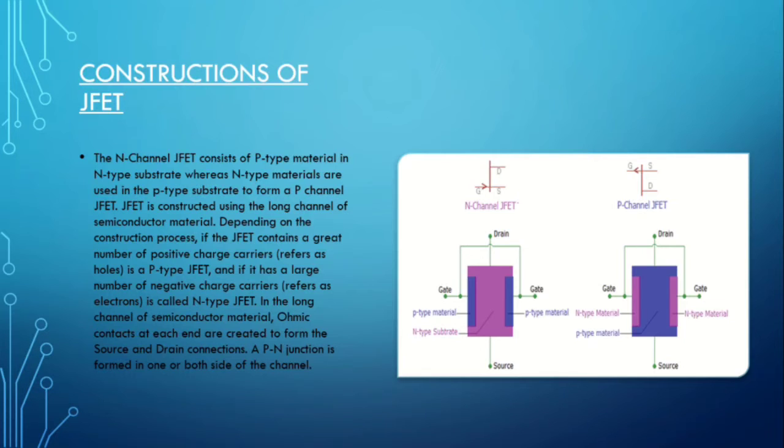Depending on the construction process, if the JFET contains a great number of positive charge carriers, it's a P-type JFET, and if it has a large number of negative charge carriers, it's called an N-type JFET. In the long channel of semiconductor material, ohmic contacts at its ends are made to form the source and drain connection. A p-n junction is formed on one or both sides of the channel.